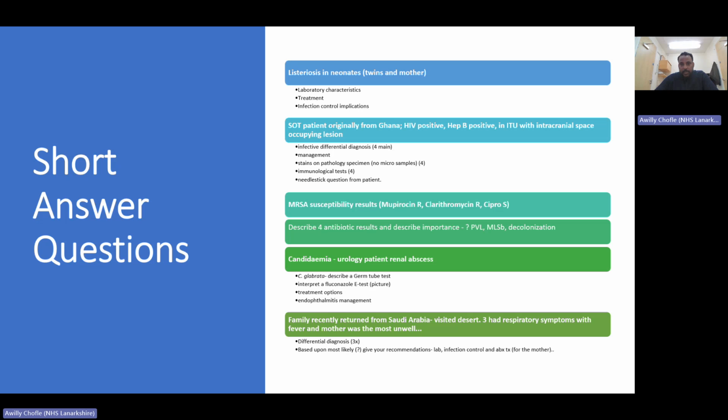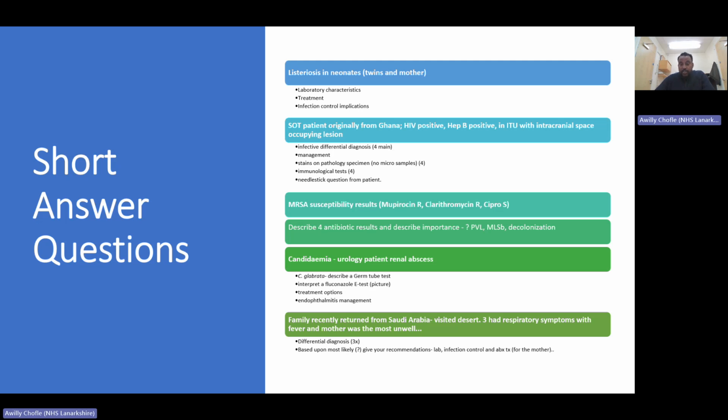Solid organ transplant, HIV positive. These are some of the scenarios I can remember. MRSA susceptibility results and the interpretation. And then describe antibiotic results and describe the importance of PBP and all this typing.